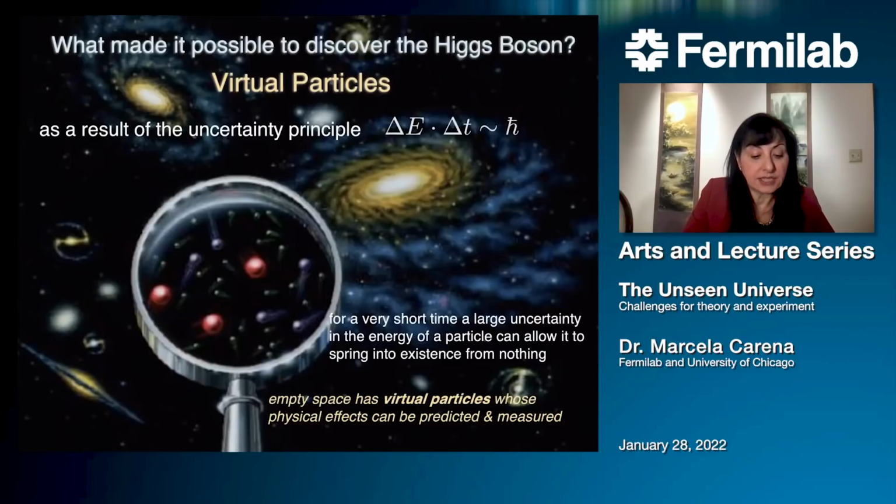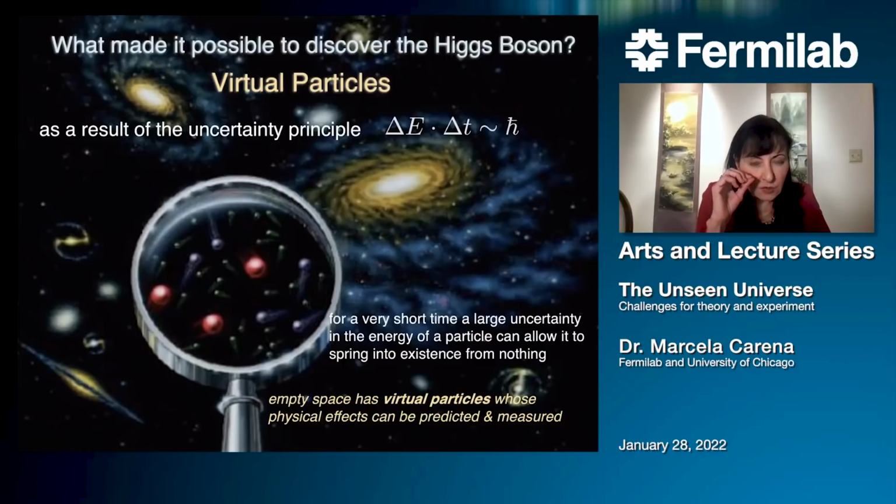All the fundamental particles of nature that we know can behave as virtual particles as a result of the uncertainty principle, first thought of by physicist Werner Heisenberg. This is an element of quantum theory that expresses the wave-like nature of particles. So as a result, it is possible that for a very short time, there is a large uncertainty in the energy here, okay?